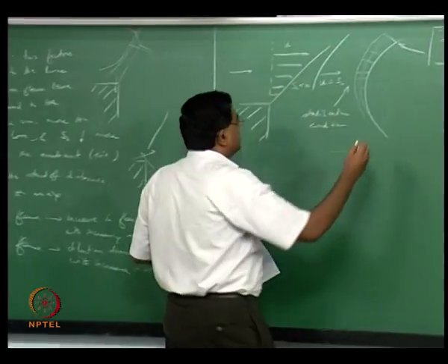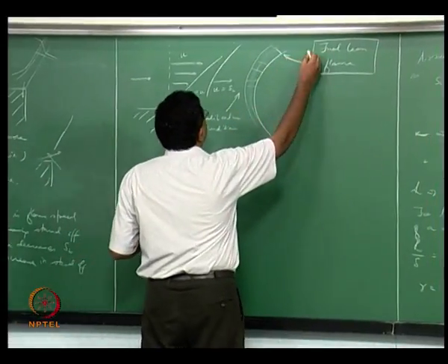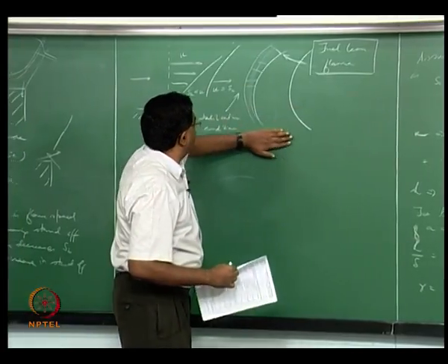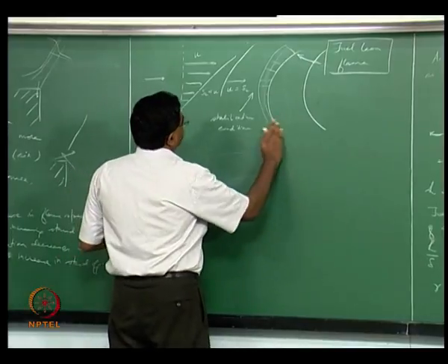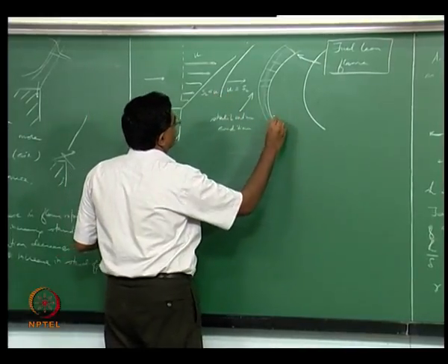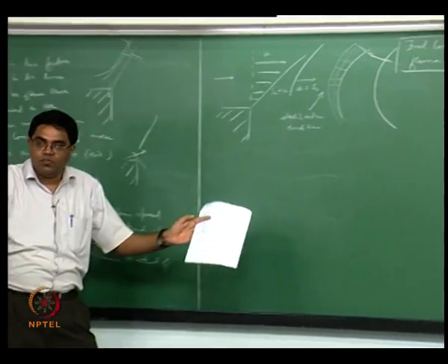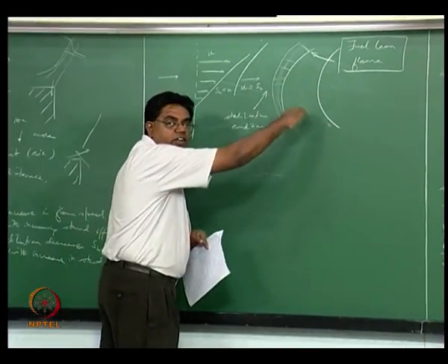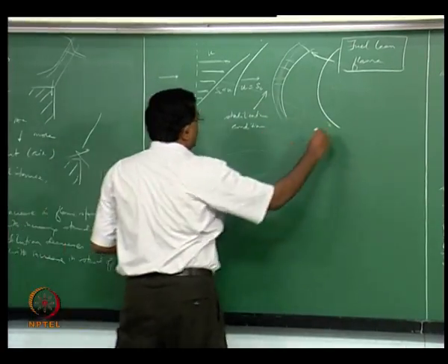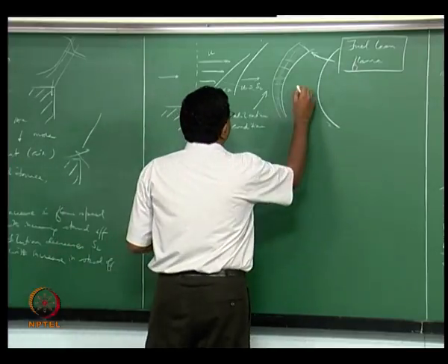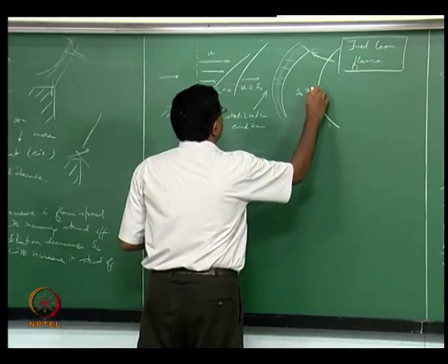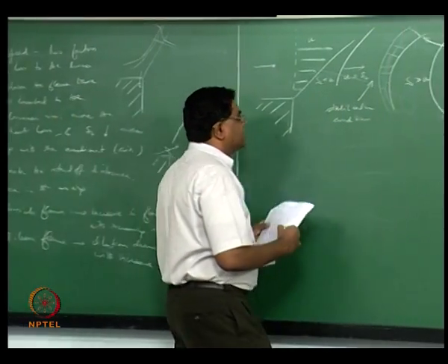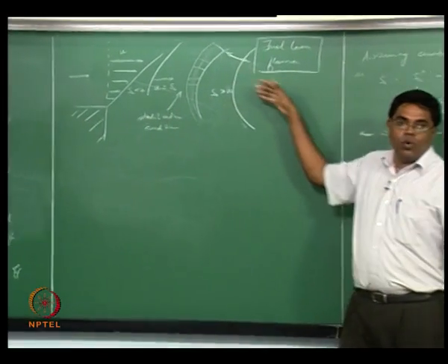But if you now try to have a flame that is pushed further out, it now becomes a lot more extended. You can see how I am drawing these pictures. You now see that it is stopping somewhere here, it can extend further because your mixing fan is more. You now have the reactants reaching a greater distance laterally outward, right. So you can have a flame over here, but in this case the SL actually now becomes greater than U because you don't have too much of a heat loss effect, and therefore it has a tendency to move upstream.